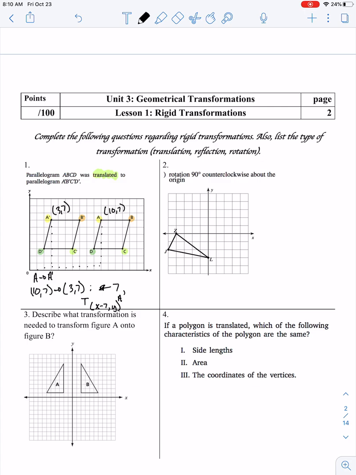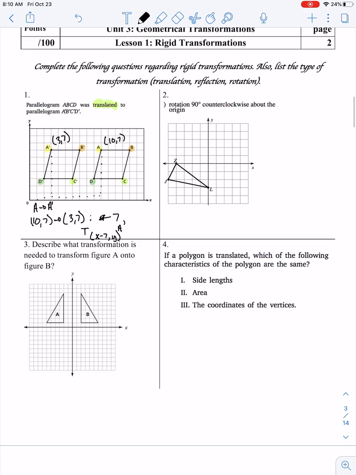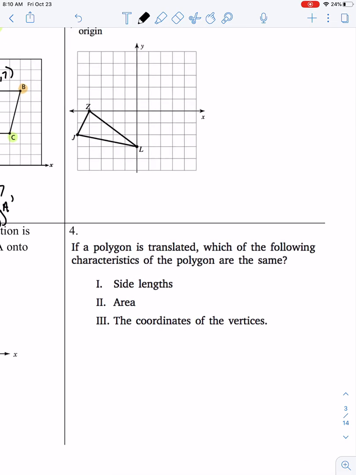Rotation, no, doesn't tell me. Translated, okay. So translated, which of the characteristics are the same? So again, translations are rigid movements. So anything involving side is going to stay the same. And then area, right?